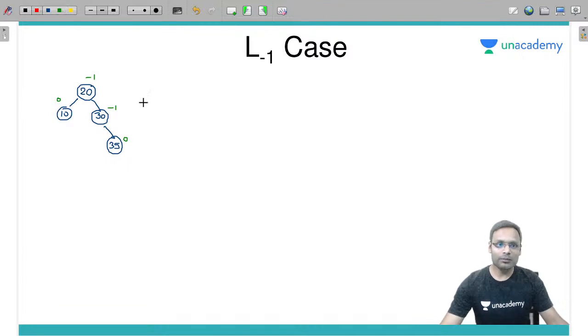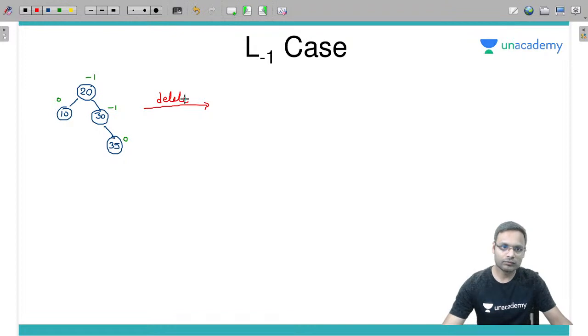Suppose from this tree we have deleted the node 10. What happens if we delete the node 10? 20 पे imbalance आएगा. Yes, Vishvadeep, exactly. Now the tree has 20, 30, 35.